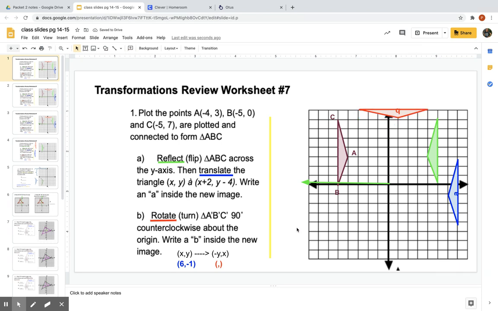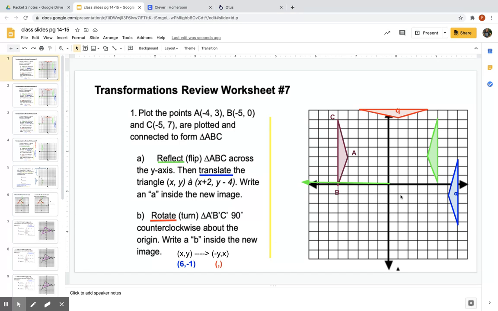Sorry about that. What if you did not want to use tracing paper, you just wanted to use the rules? Well, if you look at your Big Ideas page, you remember that the rule for rotating counterclockwise 90 degrees is switch your x and y, take the opposite of y.